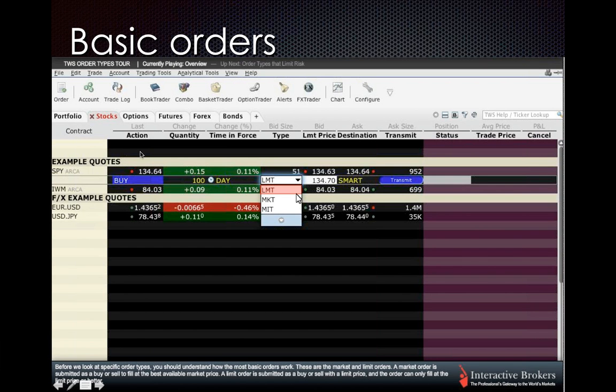So let's start from a basic order again. This is the matrix which you start from, and I will underline a few important things. If you type a stock in the row, any stock, in this case IWM, this line is your prime line, so you're looking through that row, and all information related to IWM is here.